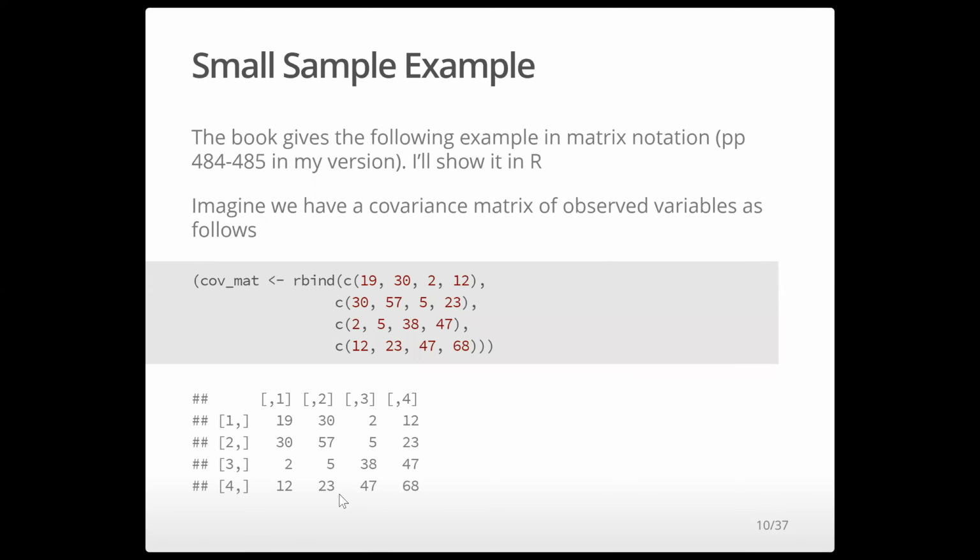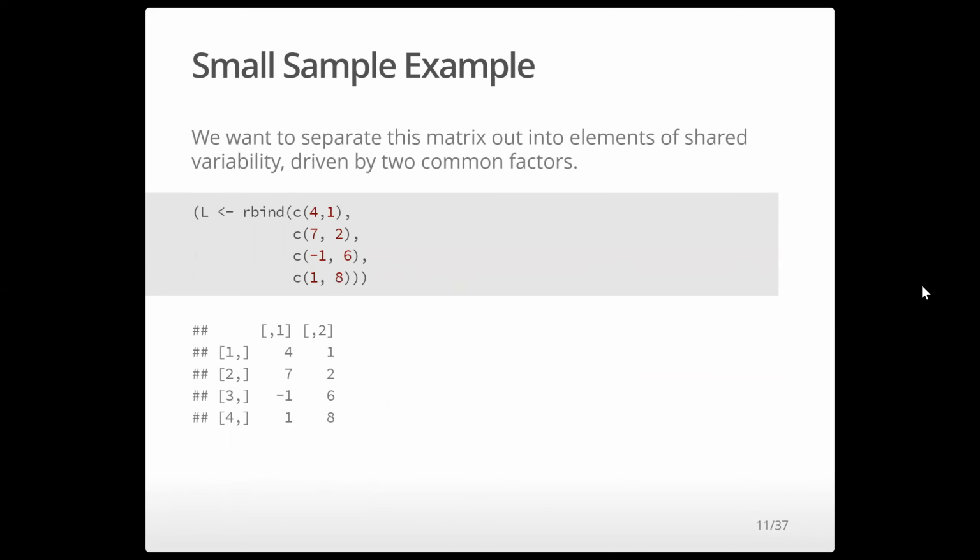A small example that the book gives is on pages 484 to 485. I'll show you how to do it in R. Here I'm just going to define a covariance matrix, and I want to decompose this into the communality matrix and the uniqueness matrix, the specific matrix. So here I'm going to define the factor loadings L as these values.